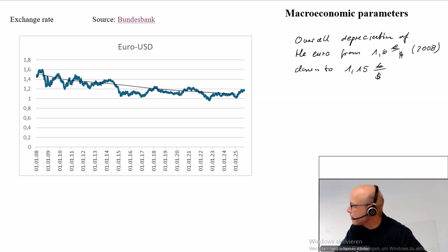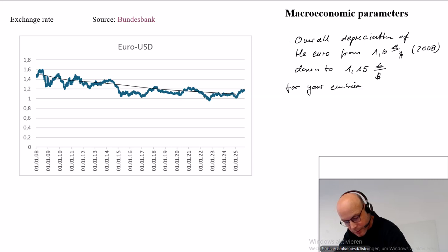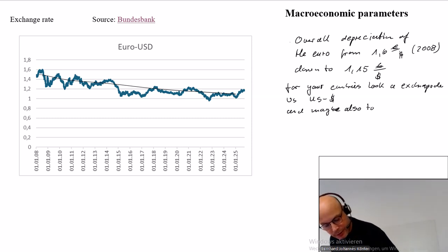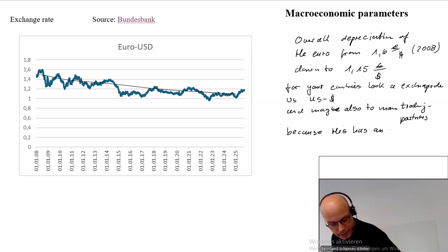And for your countries, look at the exchange rate versus the US dollar and maybe also to the main trading partners, because this has an impact on exports and imports.